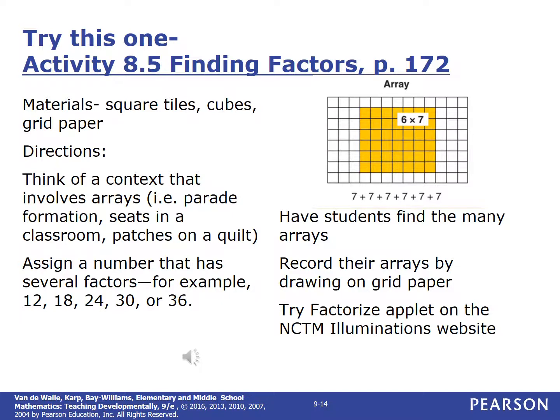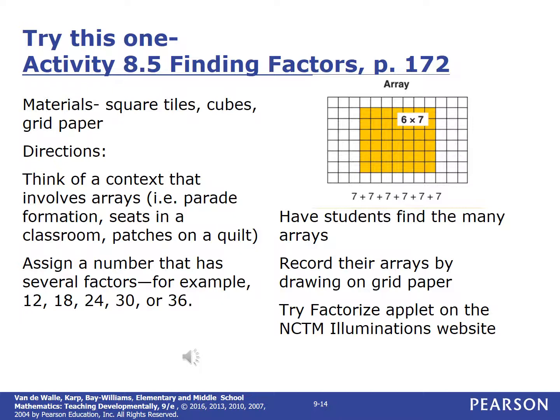Take a moment and pause this presentation and read and try activity 8.5 on page 172 of your text. It gives you an opportunity to explore with the topic of factors and how arrays can be used to help students conceptualize what a factor is.